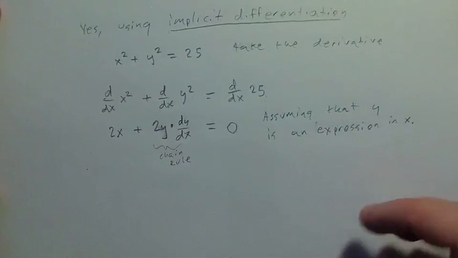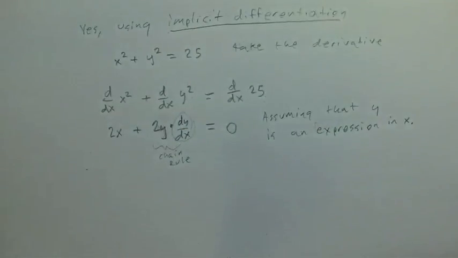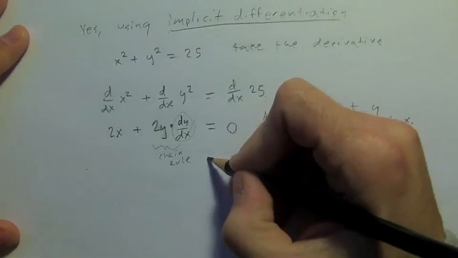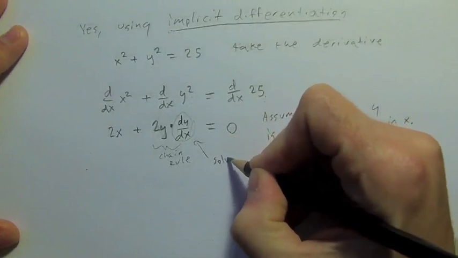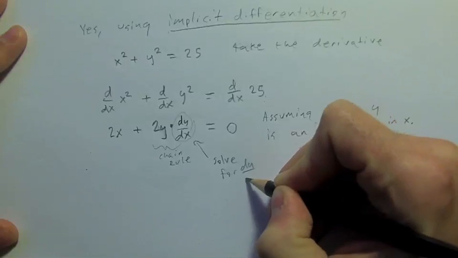Now, I have this derivative here, dy dx. This is still the change in y versus the change in x. So this is still what I consider important. So we're going to solve for dy over dx.